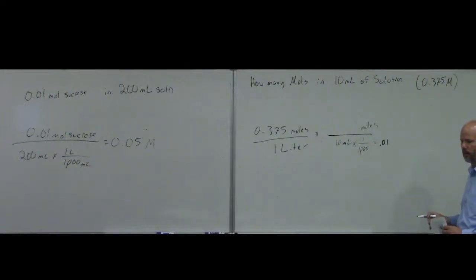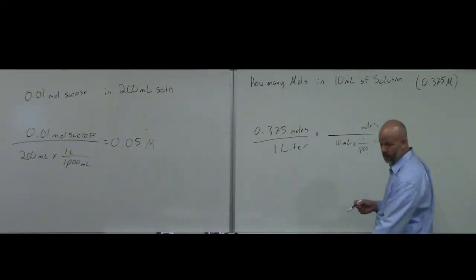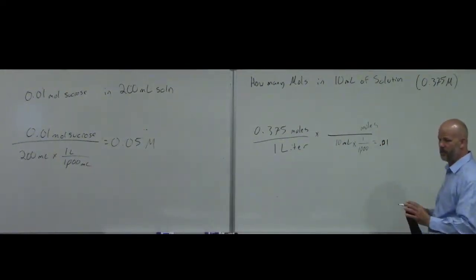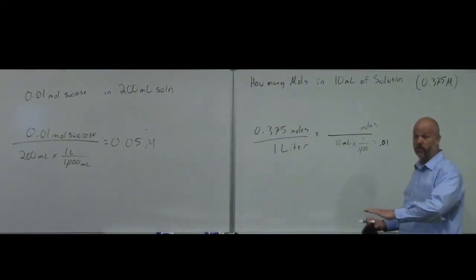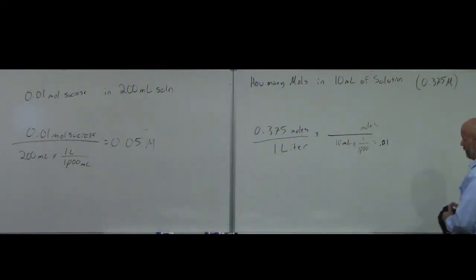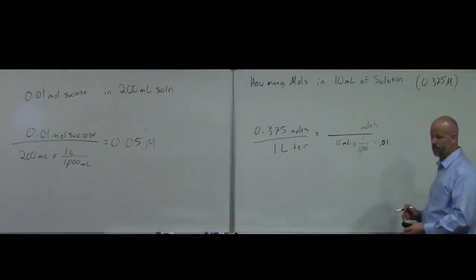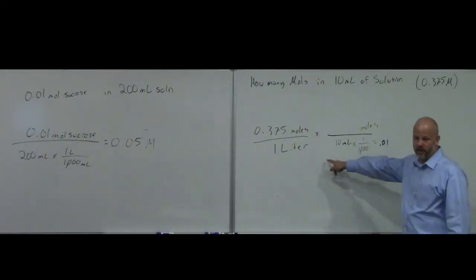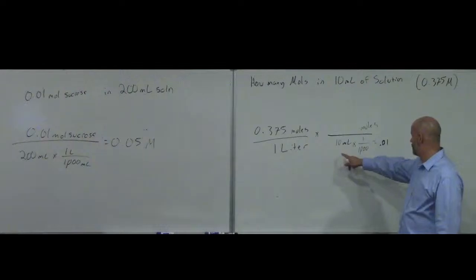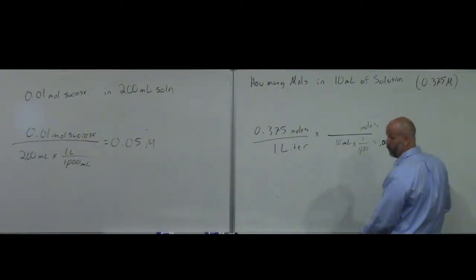There's 100 of those in a liter. Sometimes the things that work here don't, like I'm not saying it doesn't work, but for everybody to understand it, we want to keep it fairly simple. Bottom line is we're looking to convert 10 milliliters into liters, right? So the answer is going to be 0.01 liters, okay?